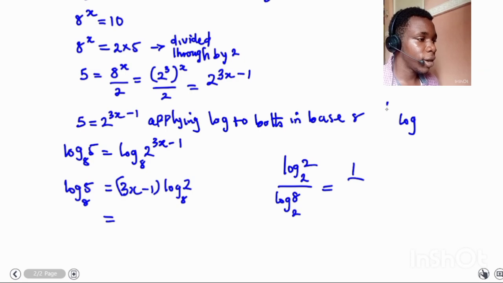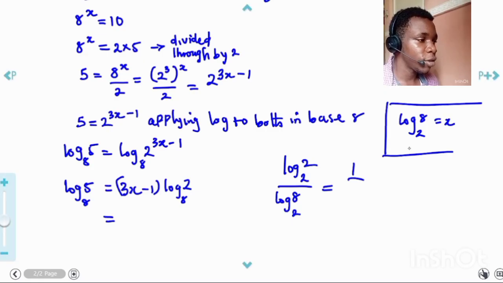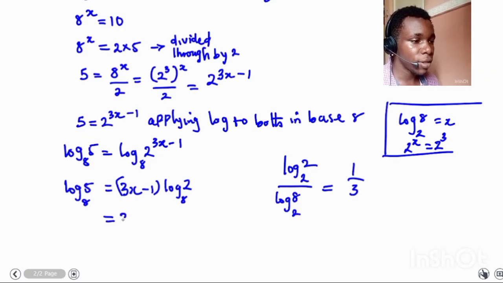And as the case of maybe if we were to follow the definition of log, I'm just going to do this as an extra: log 8 of base 2 is equal to an unknown which we call x. 2 raised to the power of x is equal to 2 raised to the power 3. In other words, x is equal to 3. So the value here is going to be 3. In other words, you're going to have 3x minus 1 all in the bracket, 1 over 3. 1 over 3 breaks the bracket.